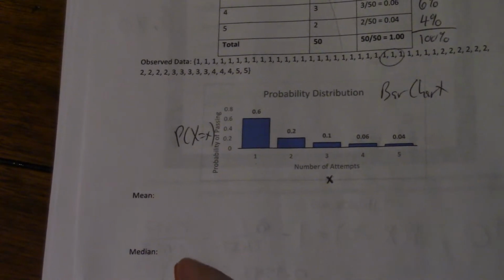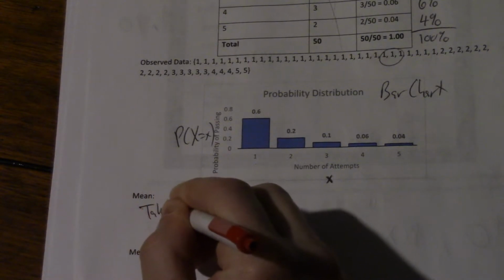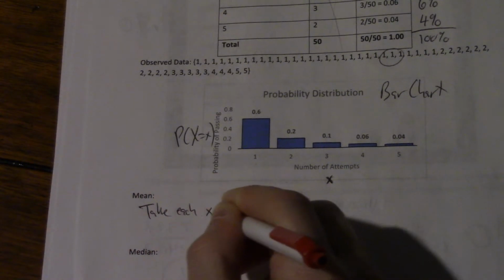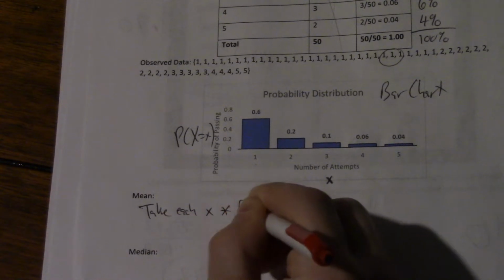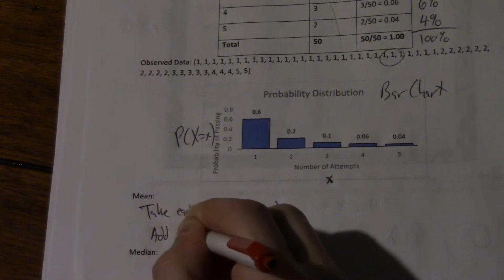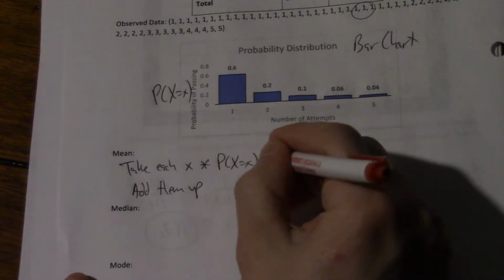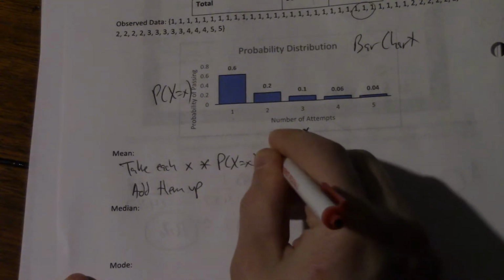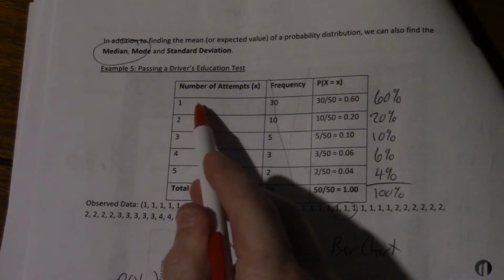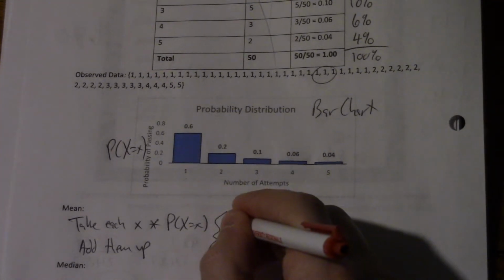With the mean, again, what we're going to do is take each little x and multiply it by its probability, and then add them all up. To do that, we start with our first little x, 1, and multiply it by its probability of 0.6.